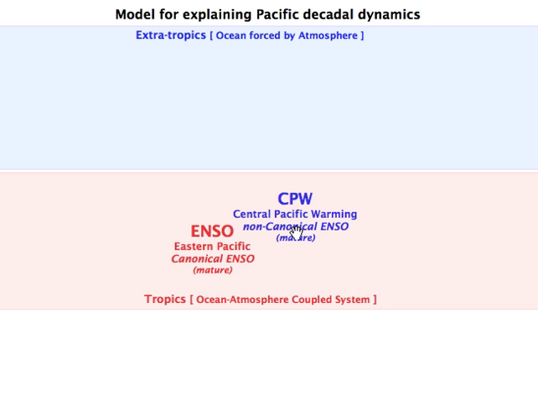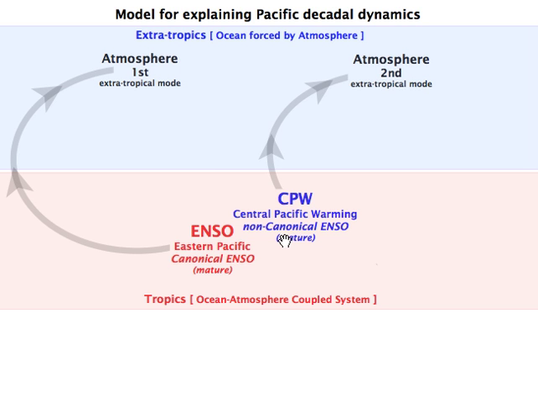Now we will assume that these two modes in the tropics, although they interact, will each have distinct teleconnections to the extratropics into the first and second leading mode of atmospheric variability, and that this atmospheric variability generates an ocean response in the first and second mode of the extratropical ocean. Now this bridge will essentially integrate the decadal variance of the tropics into low frequency variance in the North Pacific Ocean in this particular example.